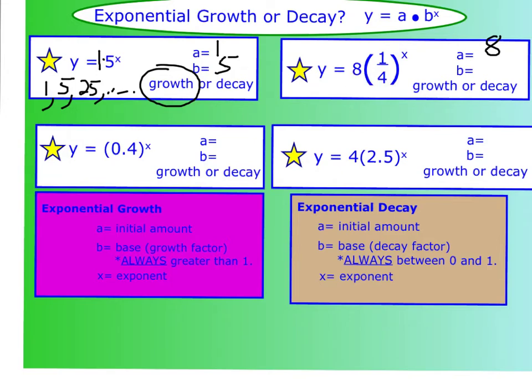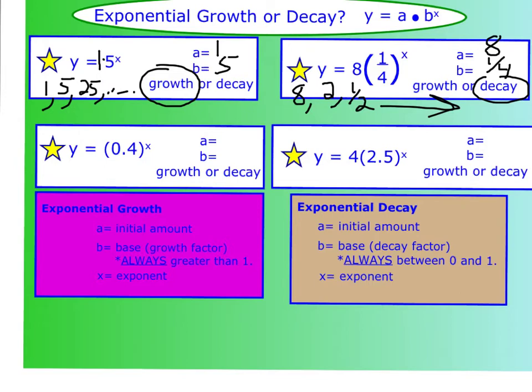So if you think of it, you start at 8, and then you fourth 8 to get 2, and you fourth 2 to get a half. Boy, this is shrinking. It makes sense because our base is 1/4, and that's less than 1, so this is decay. It's getting smaller and smaller.